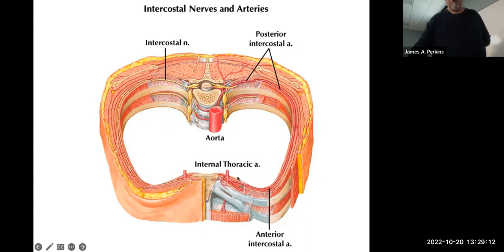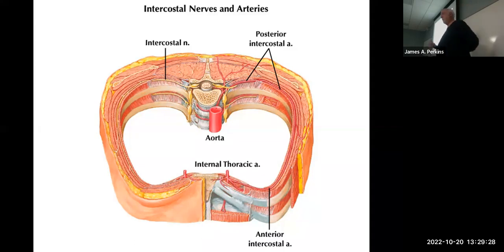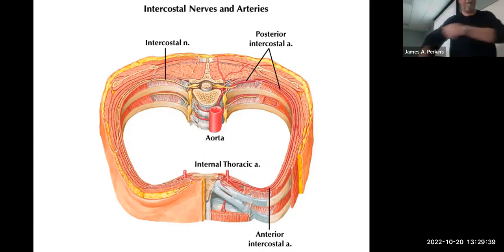And if you look closely, you'll see that the anterior intercostal artery wraps around the intercostal space and joins up with the posterior intercostal arteries. So they form an anastomosis. Right? We have blood flowing into these intercostal arteries from two different directions: through the posterior intercostals coming directly off the aorta, and through the anterior intercostals coming off of the internal thoracic.